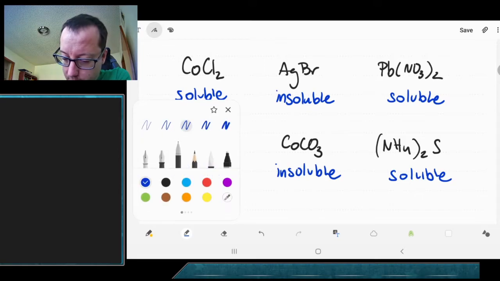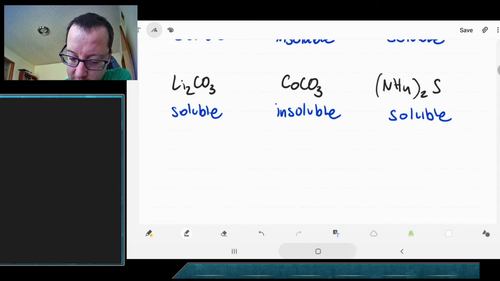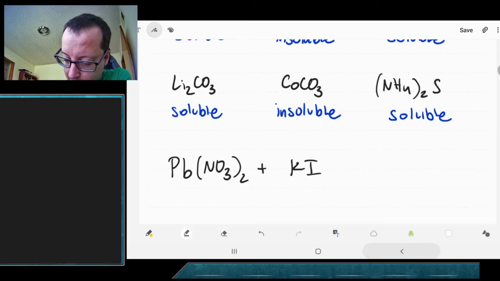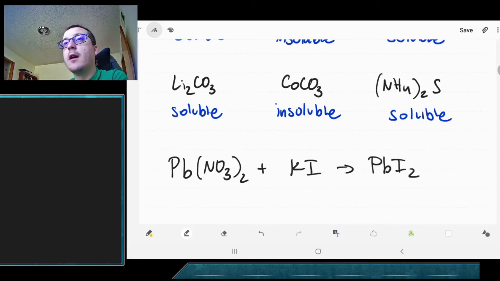So I have an example of this stuff for us. We're going to see that I'm going to take solutions of lead nitrate, lead 2 nitrate, and potassium iodide.